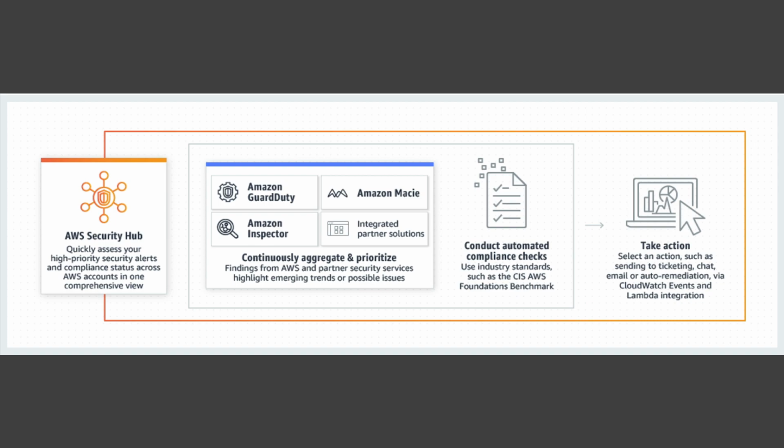Then we have partner solutions as well, Firewall Manager, and Macie. So once they scan your infrastructure, this will give you every detail of the security issues present within your infrastructure. Then we get automatic security checks using industry standards such as the AWS Foundational benchmark and PCI DSS as well.